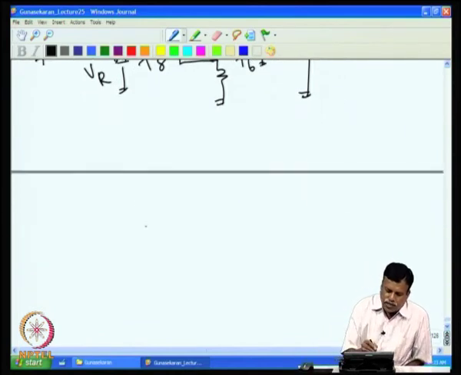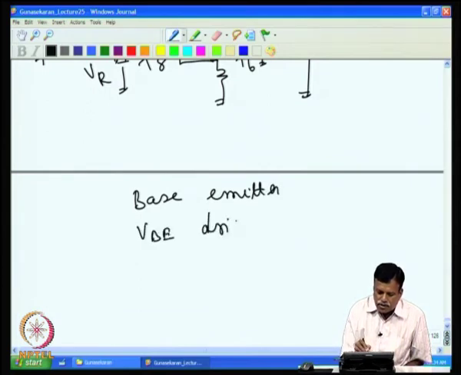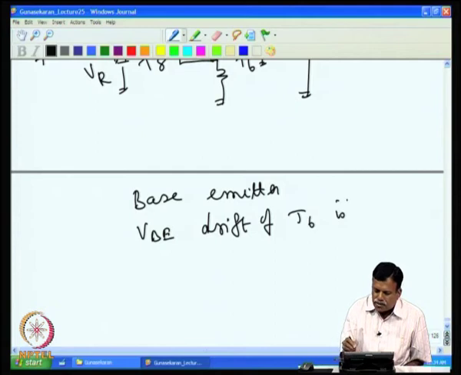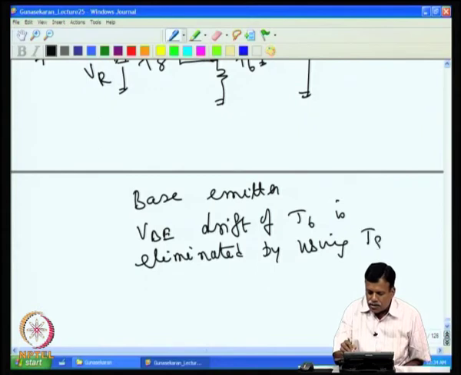So, what is done is the base-emitter or VBE drift of T6 is eliminated by using T8 and V reference.